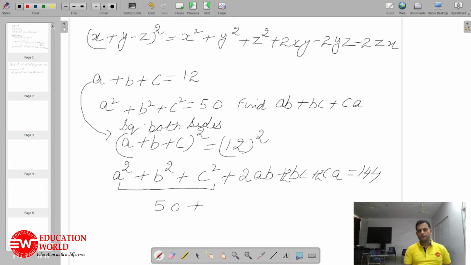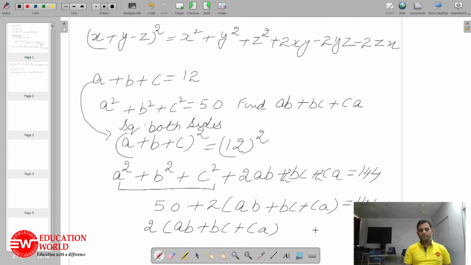So 2(ab plus bc plus ca) is 144 minus 50.